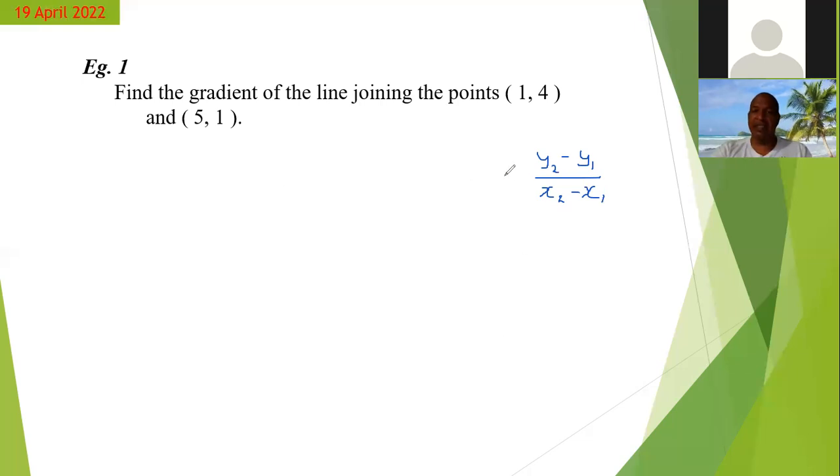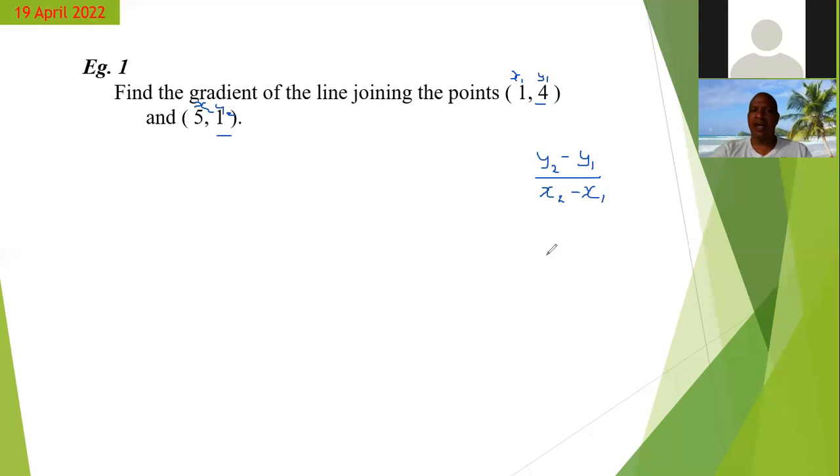All right, so let me check using it this way. If we label this one x1, y1, and we label this x2, y2, then what we want to do is take away the y coordinate in 1 from the y coordinate in 2.